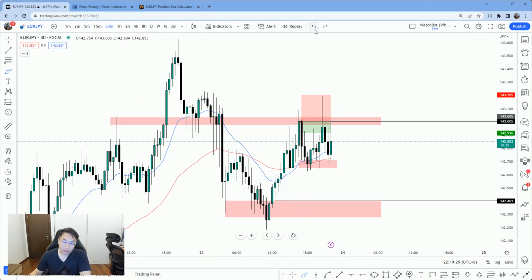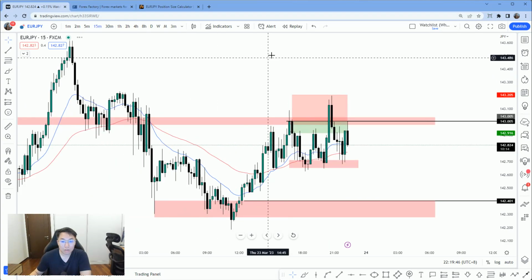The 143 whole figure level also acts as a very significant memory zone. Everyone, when they look at 143, is going to say, hey, that's significant, let's take a little bit of action there. So I start dropping down to the 15-minute time frame.